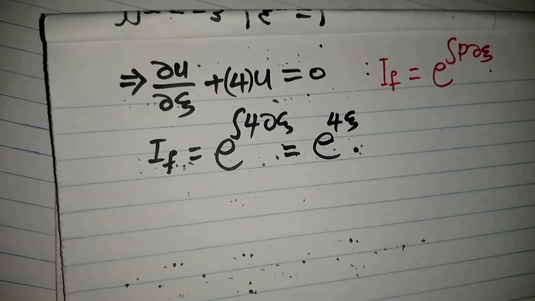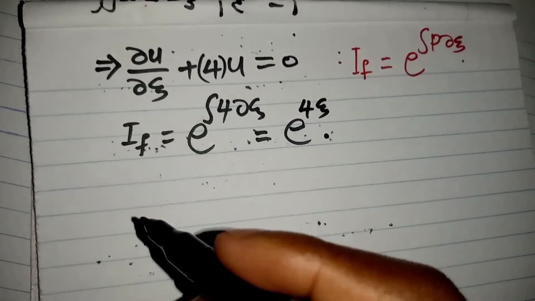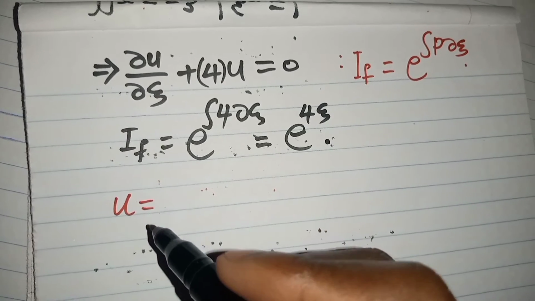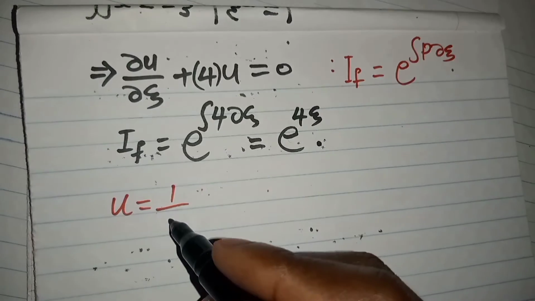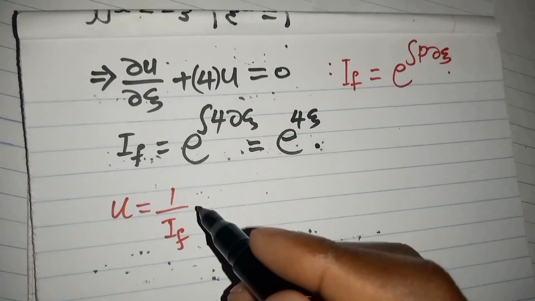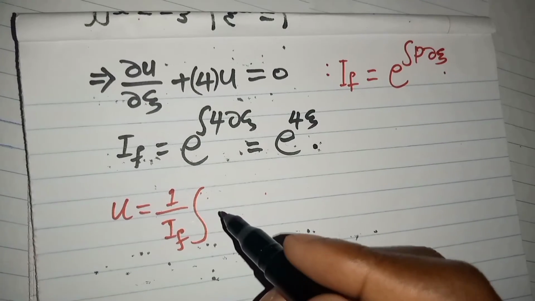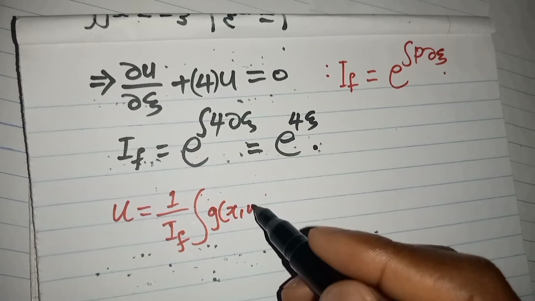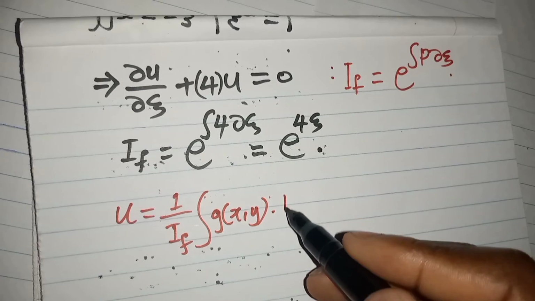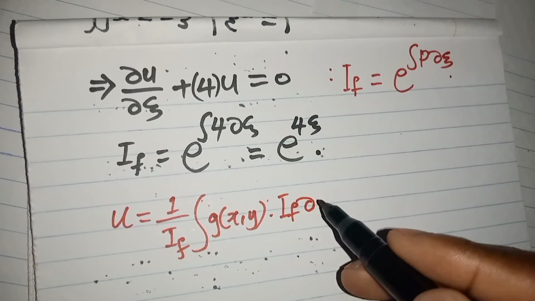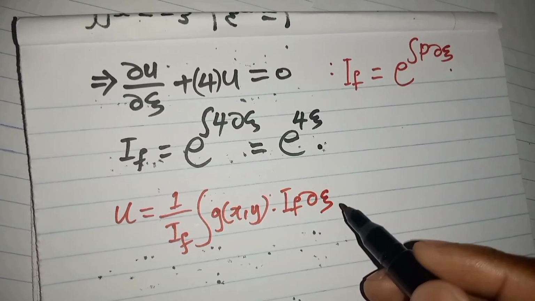Okay. Then we said using the method of integrating factor, u will be equal to 1 over the integrating factor, the integral of g of x y, the given function at the equal sign here, then multiplied by the integrating factor with respect to the given independent variable that we are operating with, which is xi.